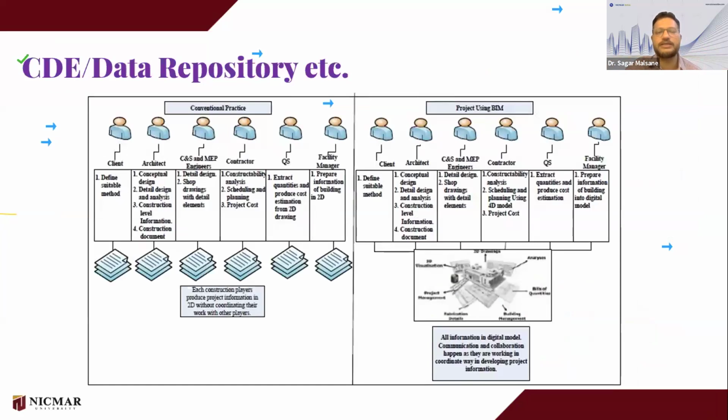Just a quick summary of how you can look at two different practices. Look here, conventional practice and BIM based practice. In conventional practice, you can see that different project participants generate information in a compartmentalized manner, in silos, and that is applicable even to information related to sustainability or energy modeling.